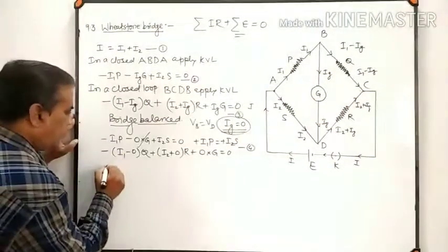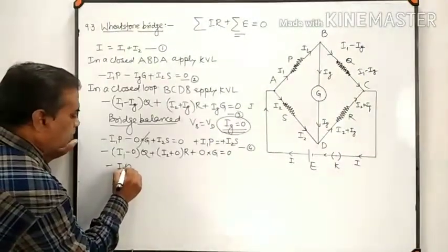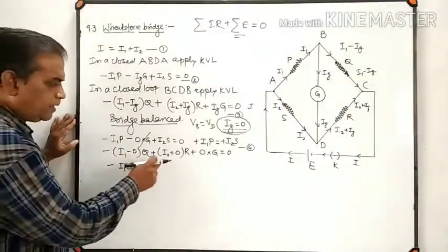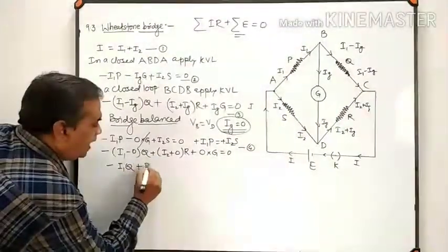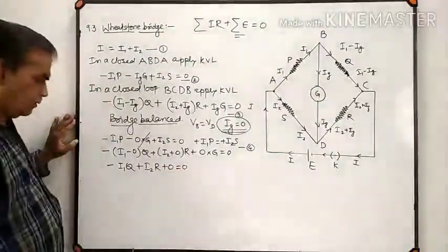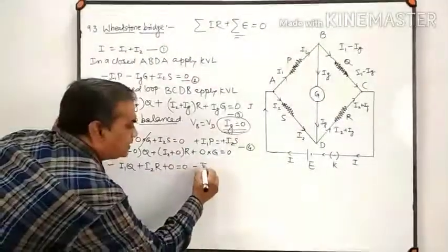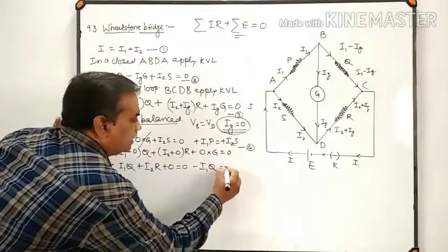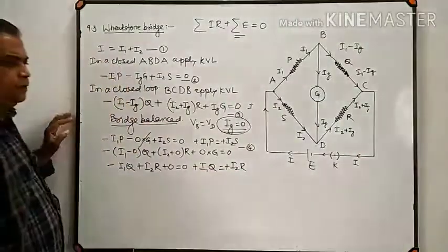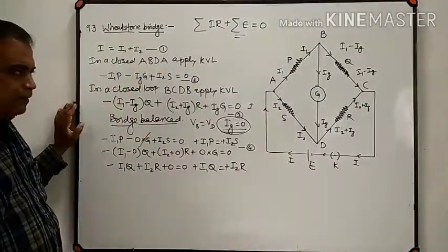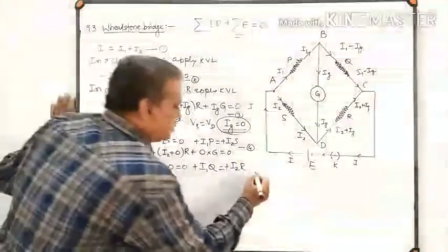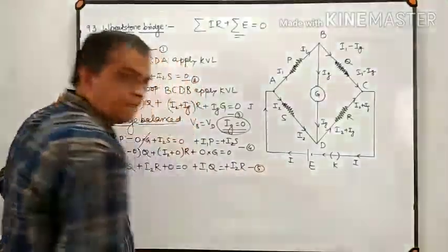Or minus I1 into Q plus I2 into R plus 0 equal to 0, or minus I1Q is equal to minus I2R, or I1Q is equal to I2R. This is equation number 5.